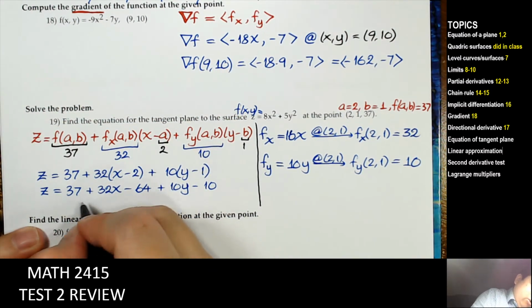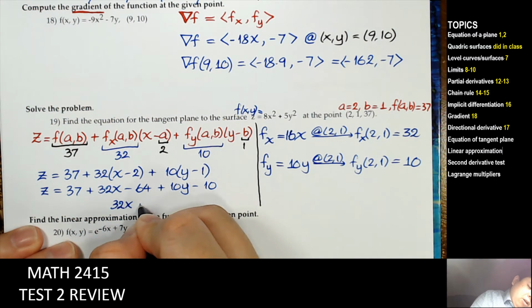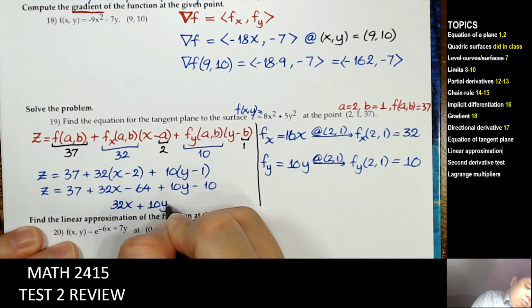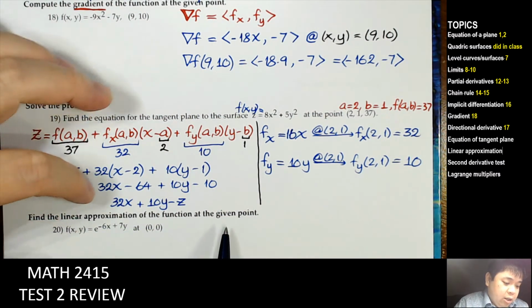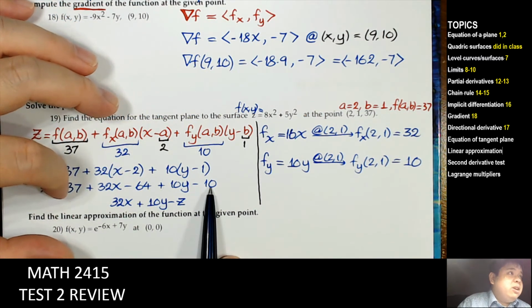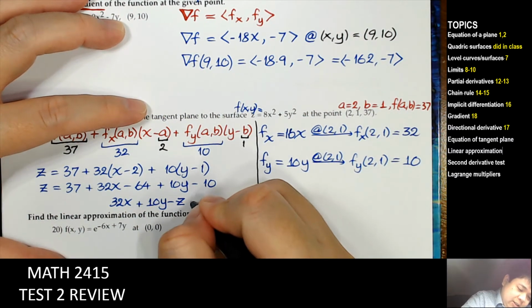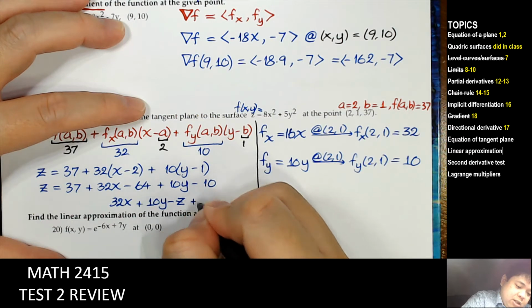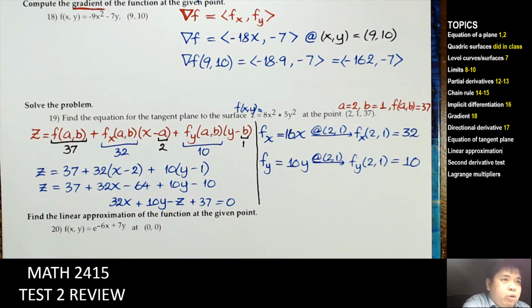So we have 32x plus 10y minus z, and then the numbers: minus 64, minus 10, plus 37, so that is negative 37, equal to 0. Move everything on one side.